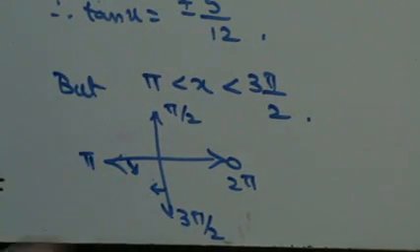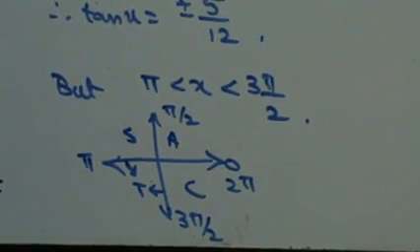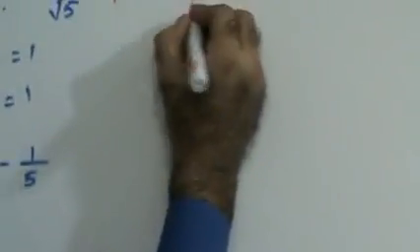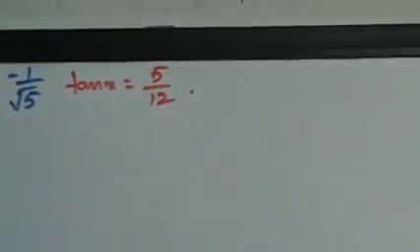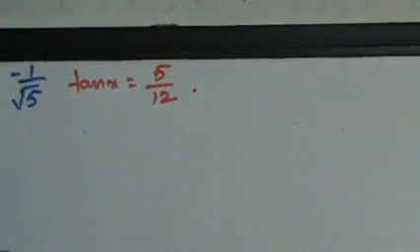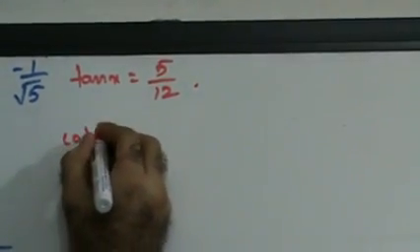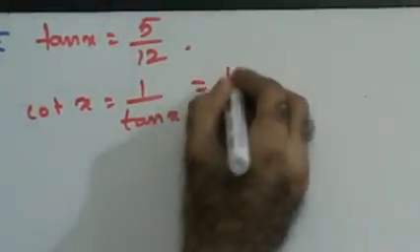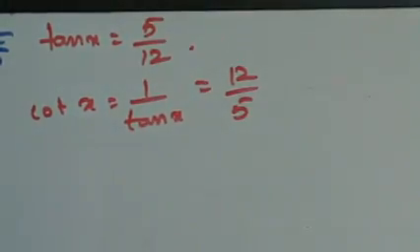That means it is going to be in the third quadrant, All Silver Tea Cups. In the third quadrant, the tan ratio is positive. So I can therefore say that tan x is nothing but 5 by 12. Once you have the value of tan x, you can find out cot x. Cot x is nothing but 1 upon tan x. So that will be nothing but 12 by 5.